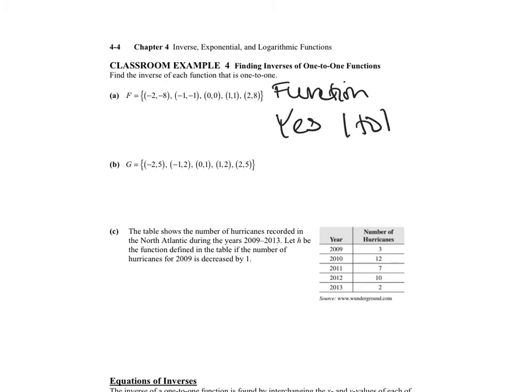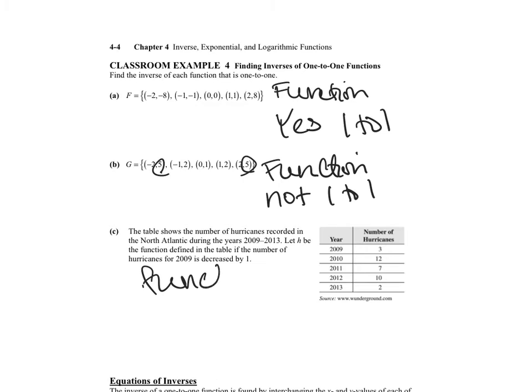So on g, yes, it's a function because none of the x's repeat. It's not one-to-one because that repeats. So this table is a function, and it is one-to-one.